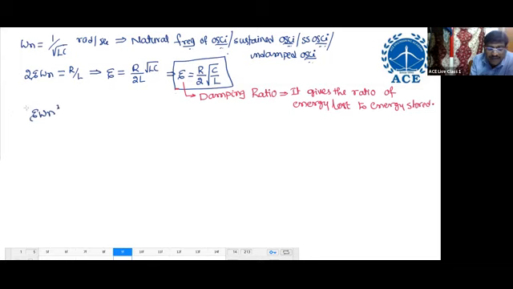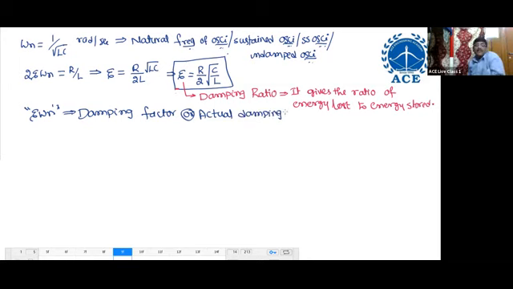Zeta omega n is called the damping factor or actual damping. Damping means decay. 1 by zeta omega n is called the time constant; it will come later. So it is called the damping factor or actual damping.